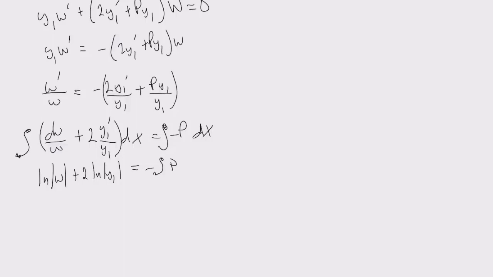I'm just going to leave it as the integral of p dx, knowing that we're going to pick up a constant at some point. But that's okay. We're going to play with our ln properties in a second. If I do a little combining, that's ln of w y1 squared equals this lovely thing.